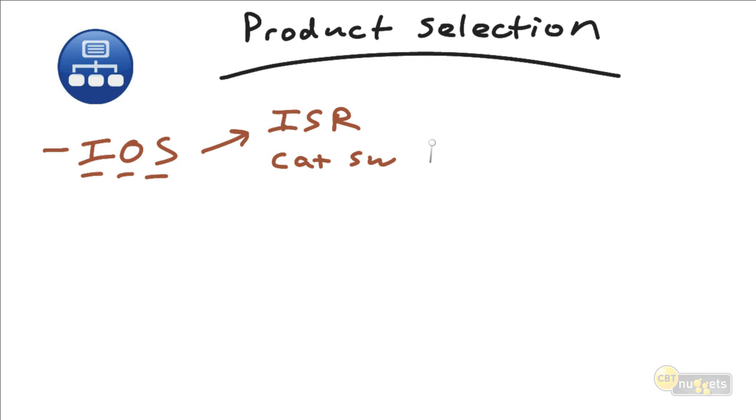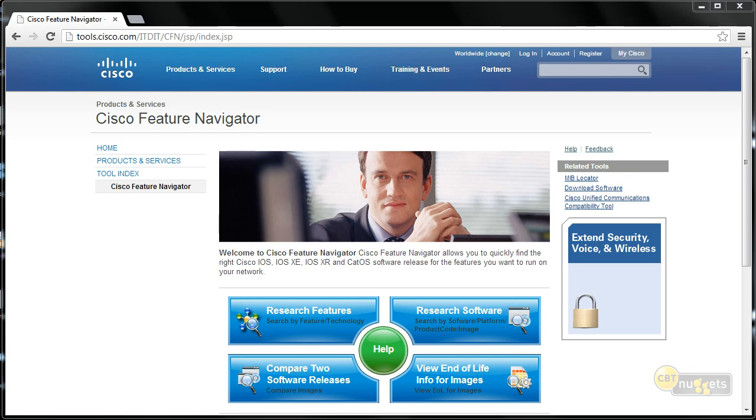In fact, let me just show you quickly Cisco's Feature Navigator so I can make sure that you know how you can ensure that a feature that a customer wants is indeed supported in their particular version of hardware and software. An easy way to get to the Feature Navigator, this is so cool, so easy to remember.